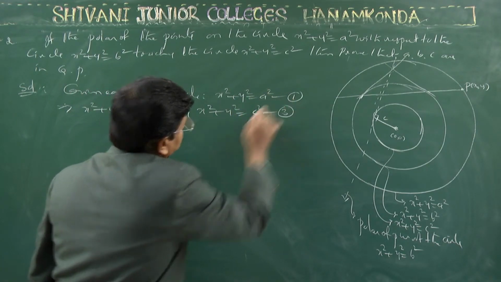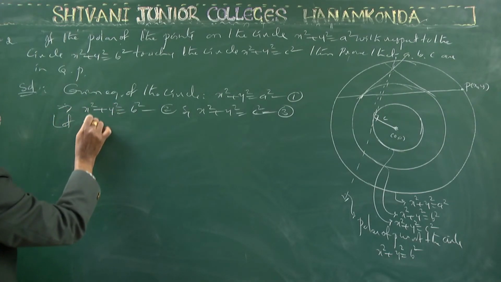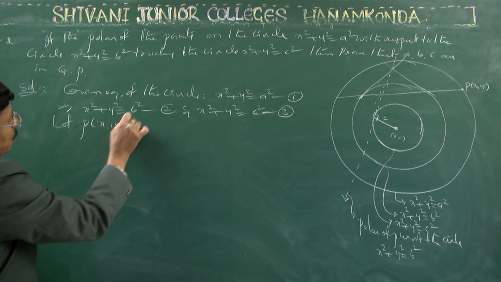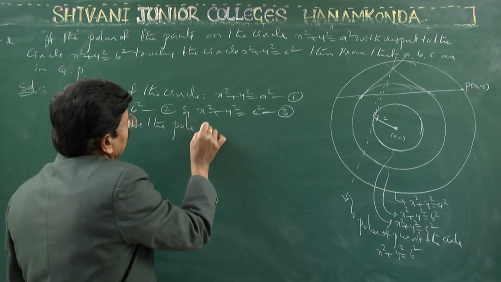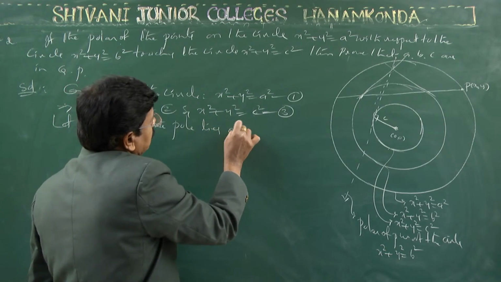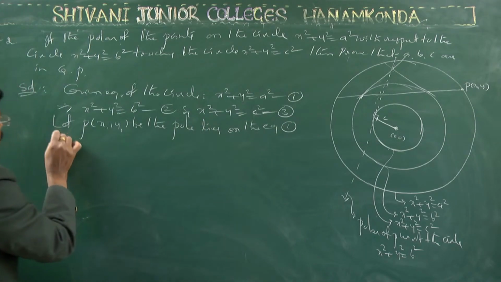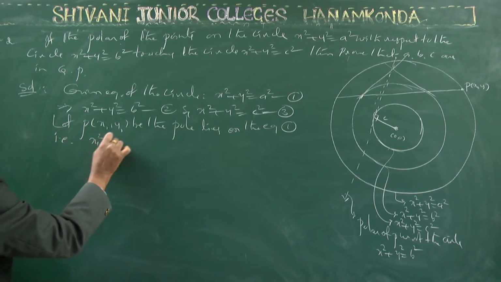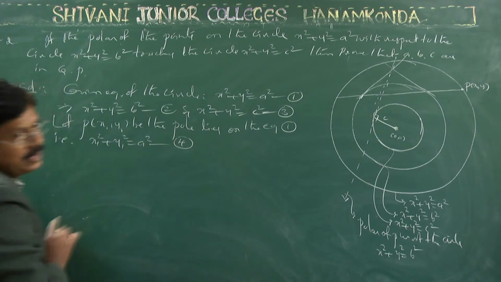Let us consider P of x1 comma y1 be the pole which lies on equation 1. That is x1 square plus y1 square is equal to a square. Call it equation 4.